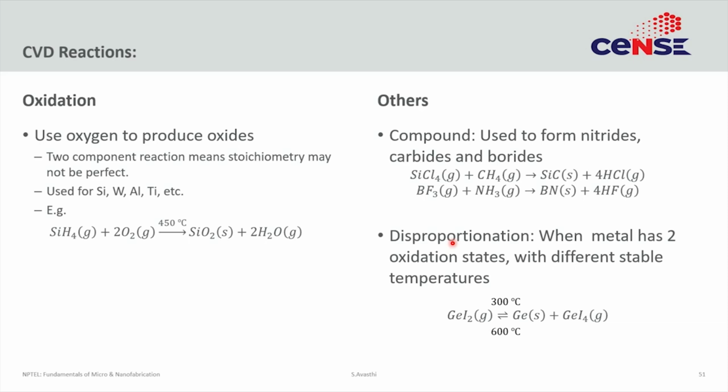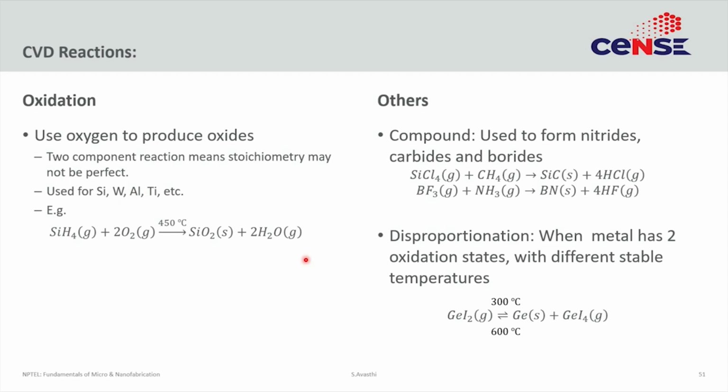Still, if you wanted to deposit silicon dioxide, for example, you can take silane, put in oxygen and form silicon dioxide. Again, this is a two component reaction, so for stoichiometric sake, you may need to do some fine tuning in how much silane and oxygen you flow through. A whole bunch of oxides of silicon, tungsten, aluminum and titanium can actually be deposited like this.